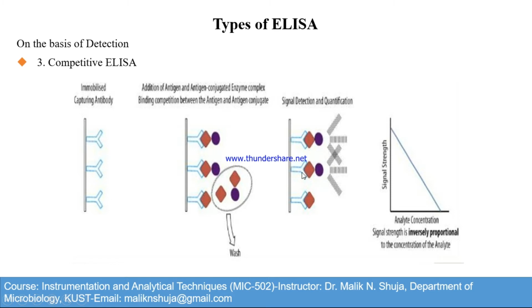When they are attached to the antibody, they produce a signal, the final product, which can be measured. When the number of antigens is more, then the absorption will be less. When the absorption is more, this indicates fewer antigens or analogs of antigens are present in the given sample. So this clearly indicates an inverse proportionality to one another. So this is a type of competition between two different things.